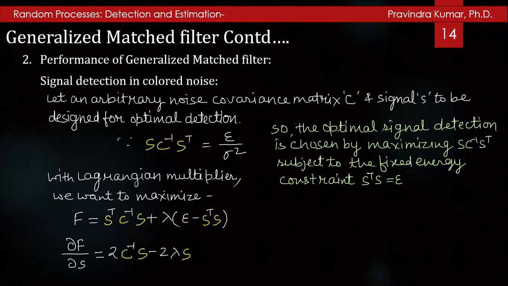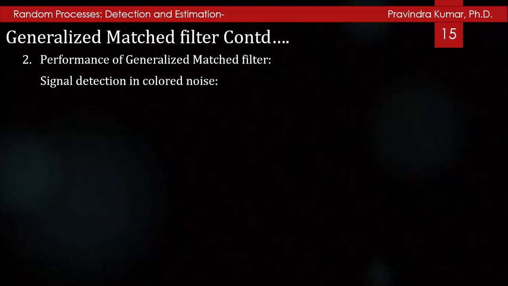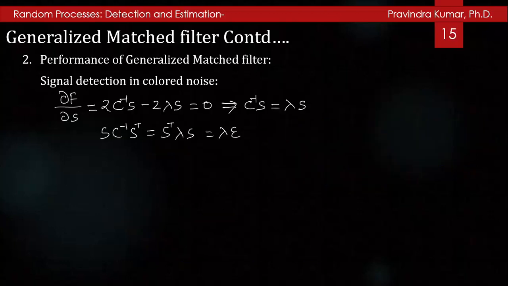After taking the first derivative of this F, we get 2 C inverse S minus 2 lambda S. Setting this first derivative to 0, we get C inverse S equal to lambda S. So you can write S transpose C inverse S equal to S transpose lambda S, or lambda epsilon. S is an eigenvector of C inverse.